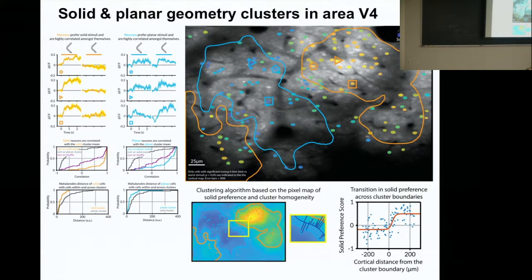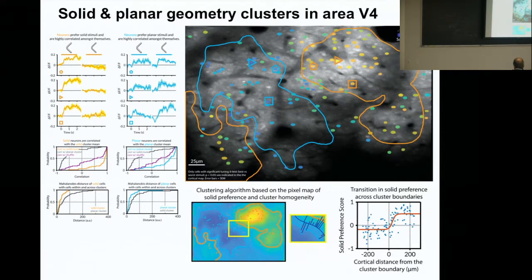One thing that you can see, and there's an analysis behind this, but I won't go into the detail, is that the solid shaped neurons and the flat planar shaped neurons cluster. Clustering across the cortical surface is a major signature of important tuning dimensions throughout primate cortex.